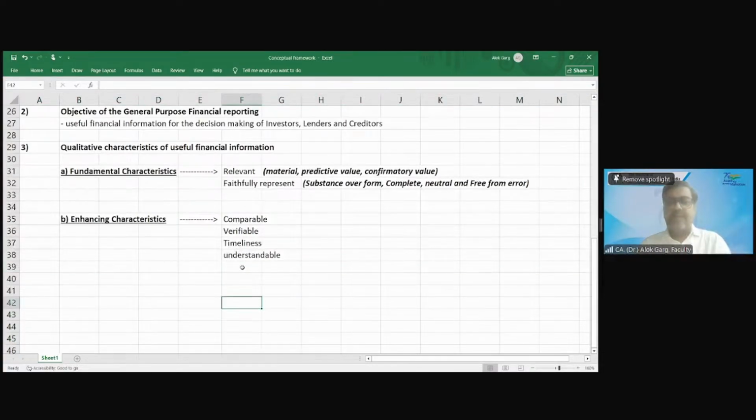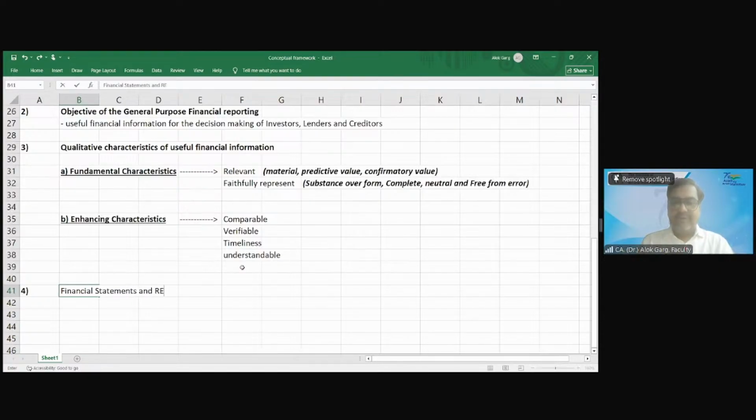Now the fourth part. What is the fourth one? Financial statements and the reporting entity.